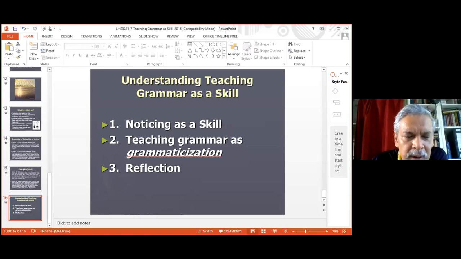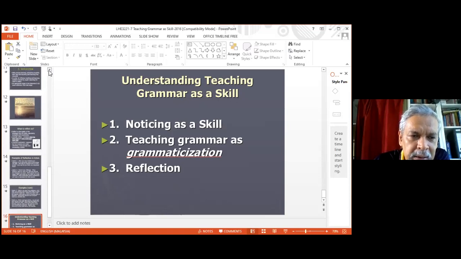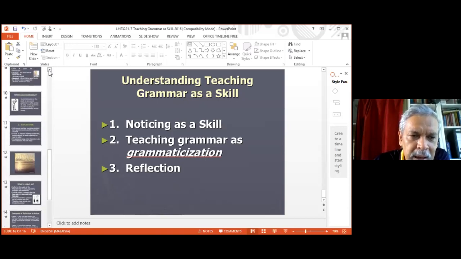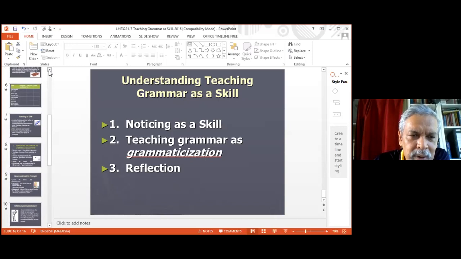So we've looked at all three. We've come to the end of Bedstone's approaches. What I need to stress is that it's not one approach as opposed to the other. All three approaches can be done with the same set of students.